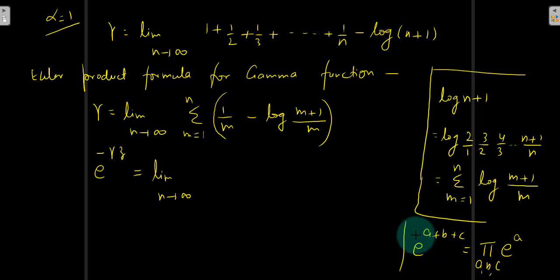So in the power of e, if you have sigma notation, you can simply write it as a multiplication term.